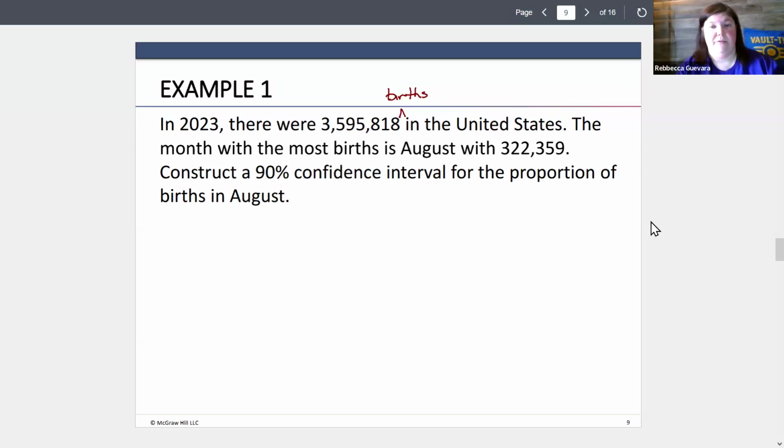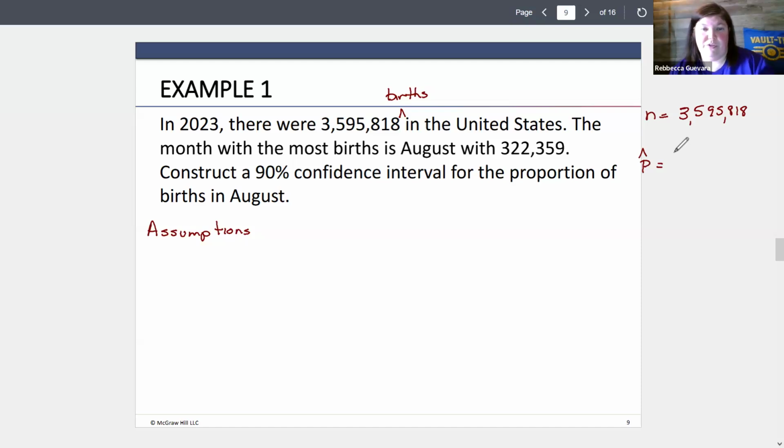Okay. So a couple things we need to do here is test our assumptions. Before we can even test those assumptions, I know what n is. It's my total number of births in the United States in 2023. What I need to figure out is my sample proportion.